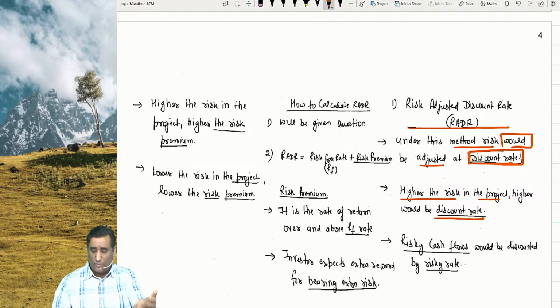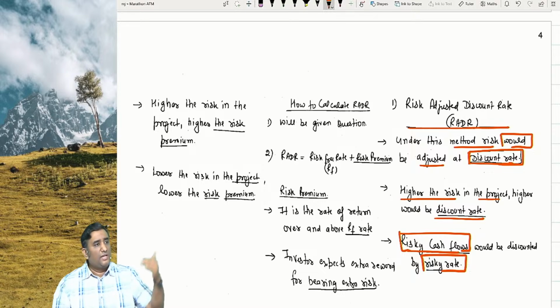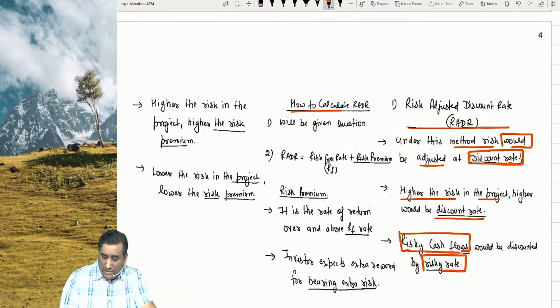Risky cash flows would be discounted by a risky rate: apple to apple comparison. It is as good as equity cash flow with equity rate, firm cash flow with firm rate. How to calculate RADR will be given in the question. I'll show you how they give it.